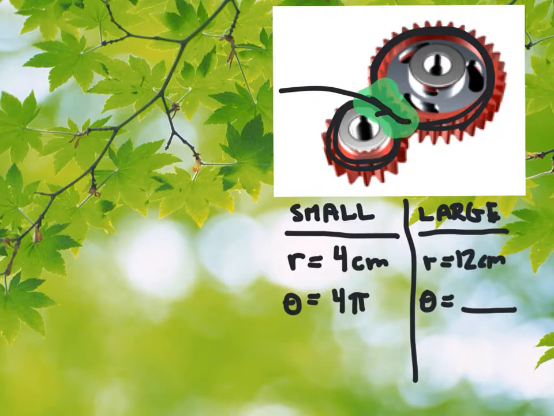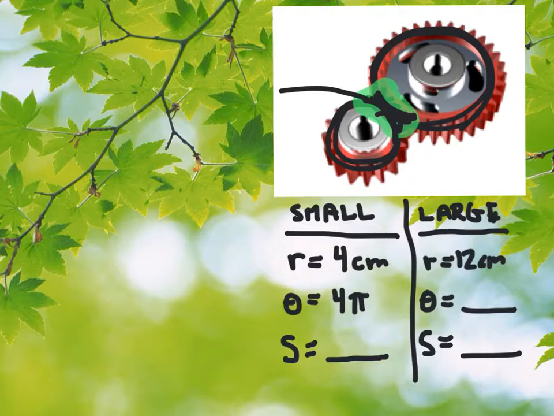Whatever is shared as they turn is the same. So the arc length here will be the same arc length over here. Their angles are different, their radii are different, their sizes are different, but what is the same is how much arc they physically touch together.